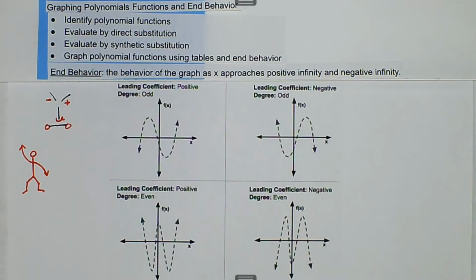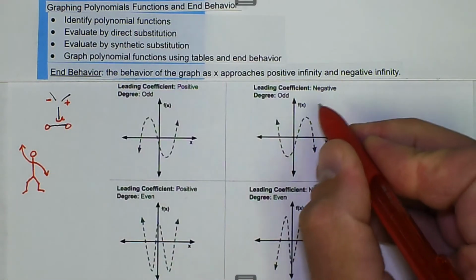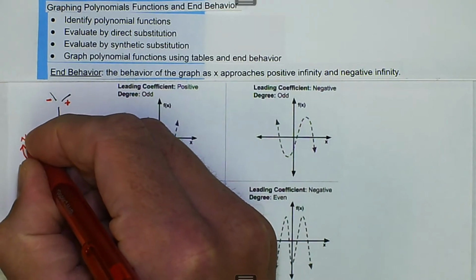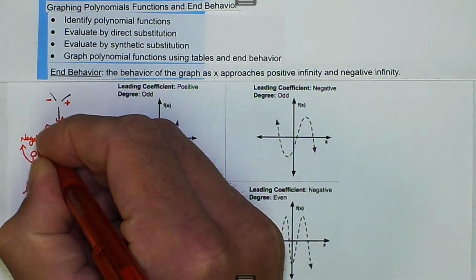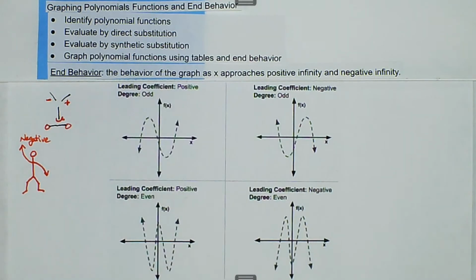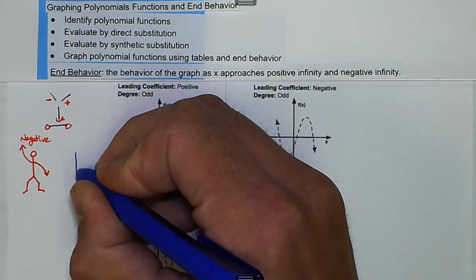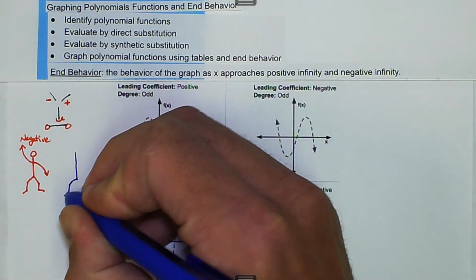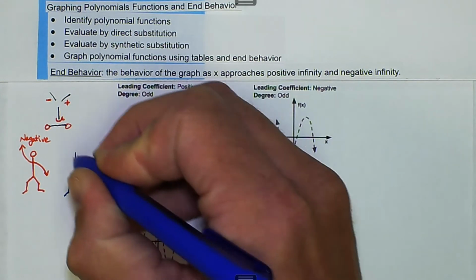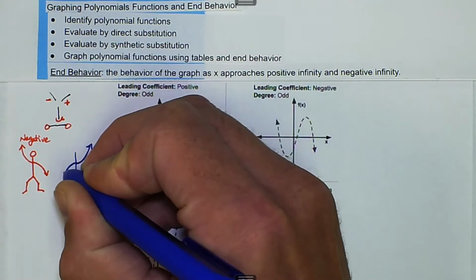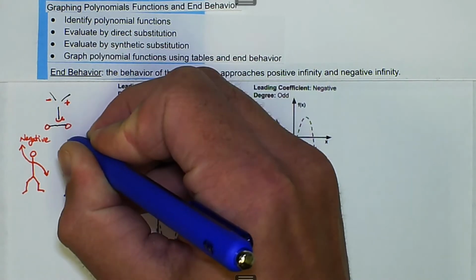In this case, this would be a negative because we're starting high and going low. So this would be a negative lead coefficient. And if it was switched the other way, so they started low and worked high, that would be a positive.